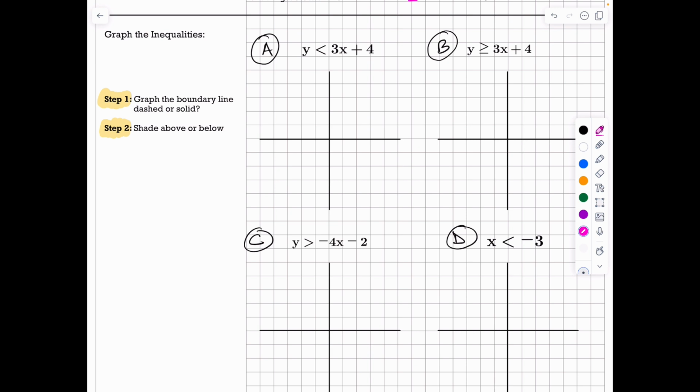So I'm going to graph this the same way I would if it were a linear function. I plot the y-intercept, so 0, 4. And then using the slope, I find a few more points. Now if I go down and then to the left, that's going to keep my slope positive.